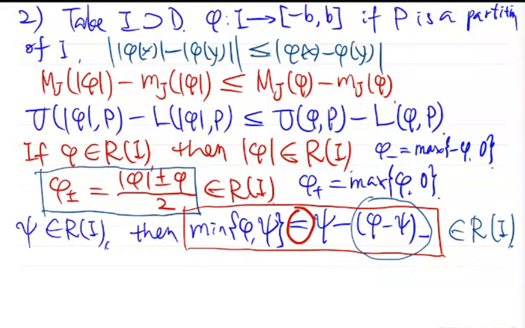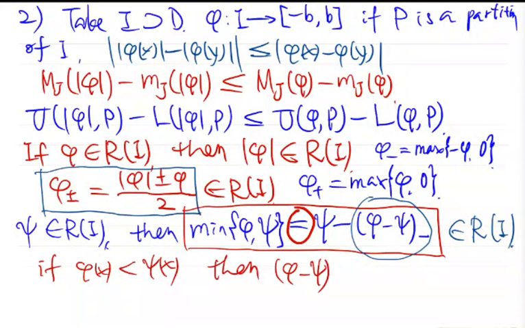For example, I will prove this here. If phi x is less than psi x, then the negative part of phi minus psi is 0, and the right hand side is psi x minus... no, sorry, not 0.